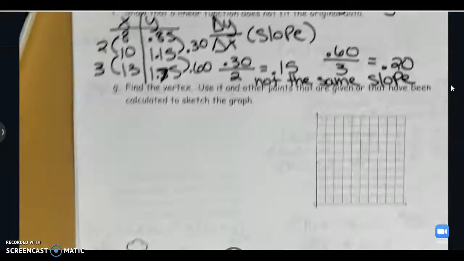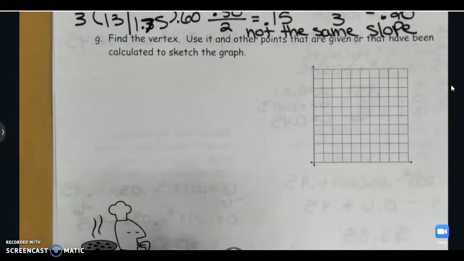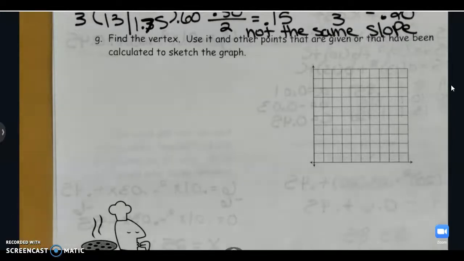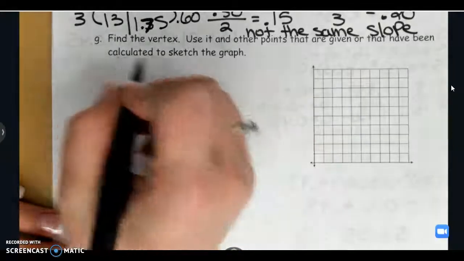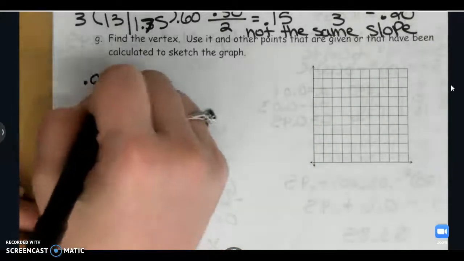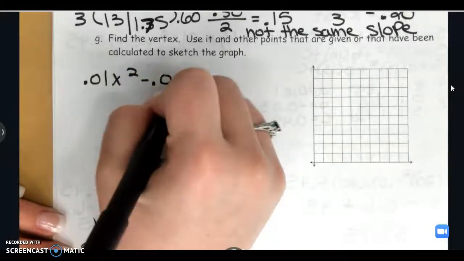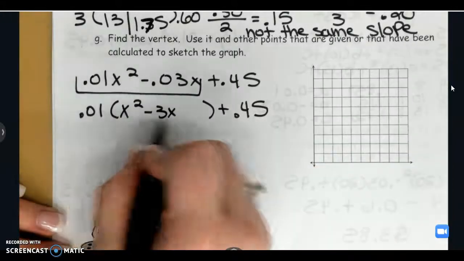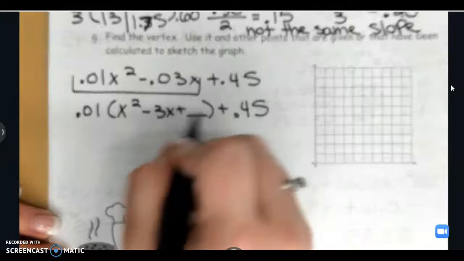Okay. Now the next thing we're going to do is find our vertex and use our other points to sketch a graph. Now, what we need to do to find our vertex is put this in vertex form. So I'm going to start with my quadratic in standard form, and then we're going to complete the square. So with these first two terms, I have to factor out my a, so it leaves us with x squared minus 3x. So to complete the square, I need to half the middle term and square it.